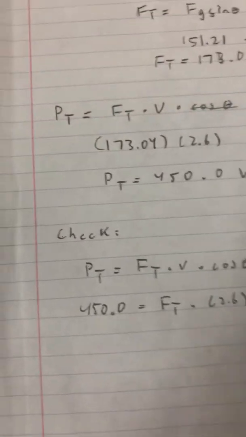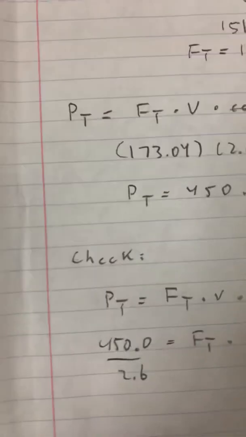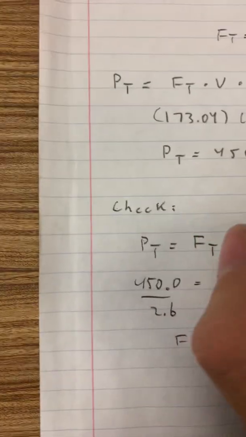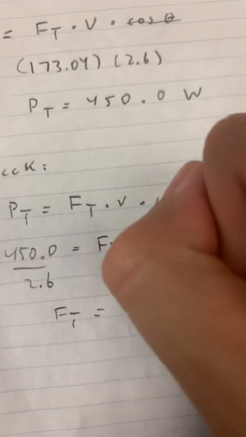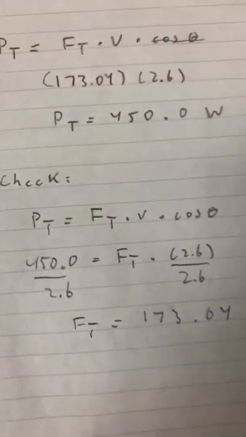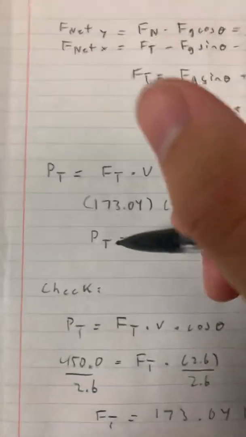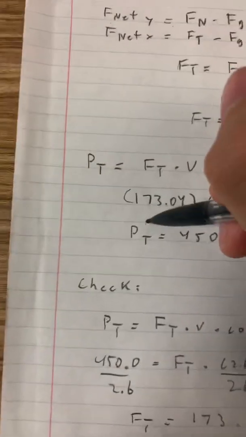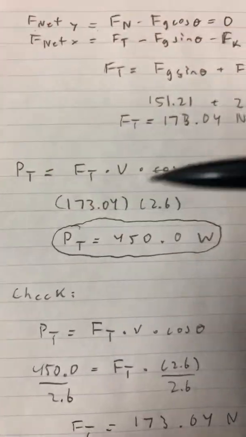Dividing by 2.6 on both sides, we find that Ft is again equal to 173.04 newtons. So we just checked our problem, and we have figured out that the power does in fact equal 450.0 watts.